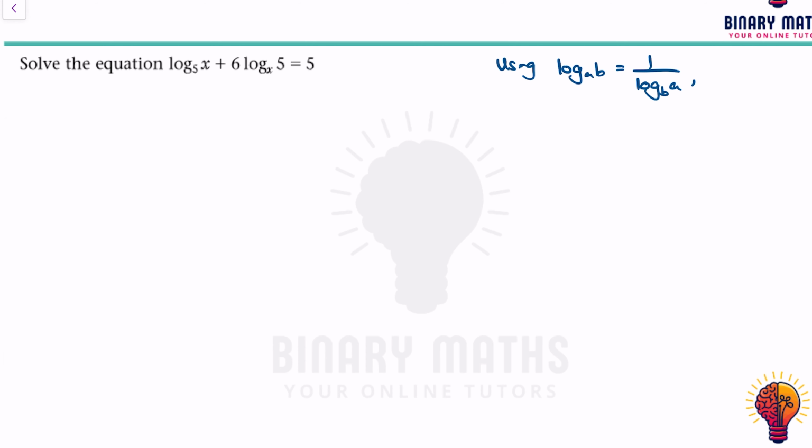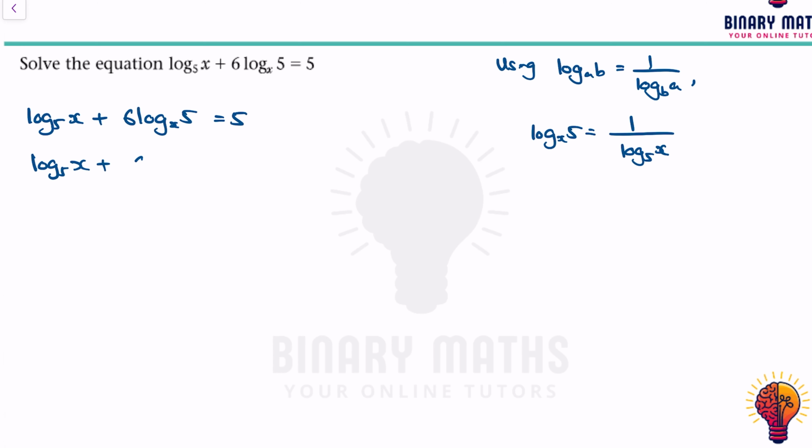Using this formula, log base x of 5 will be equal to 1 over log base 5 of x. So log base 5 of x plus 6 log base x of 5 is equal to 5. I can rewrite this second term as plus 6 times 1 over log base 5 of x is equal to 5.